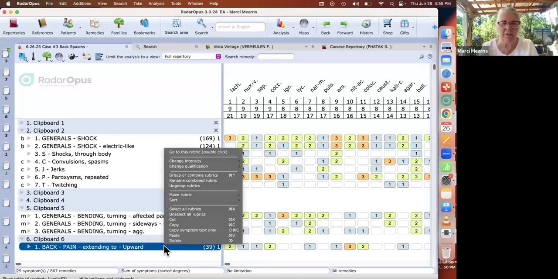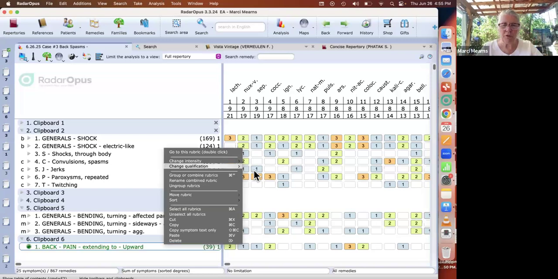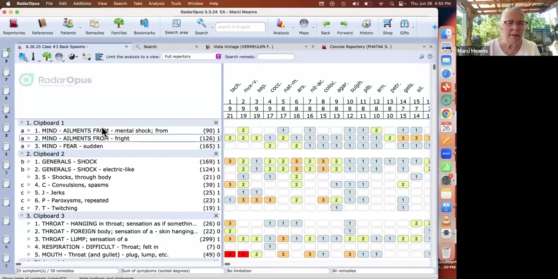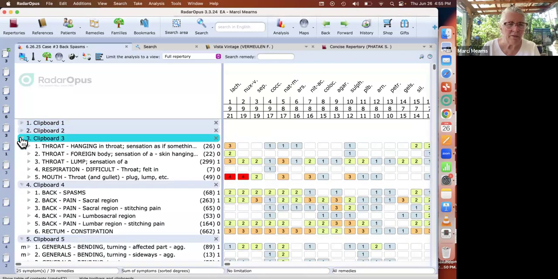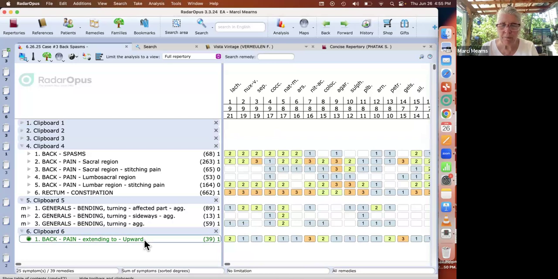I'm going to say, if you're not in here, I don't want to see you. Remember how you do that? You right click and you choose qualification, eliminative. In other words, I love that for the patient so much that I want to only see remedies in my analysis that belong to that back pain extending upward.